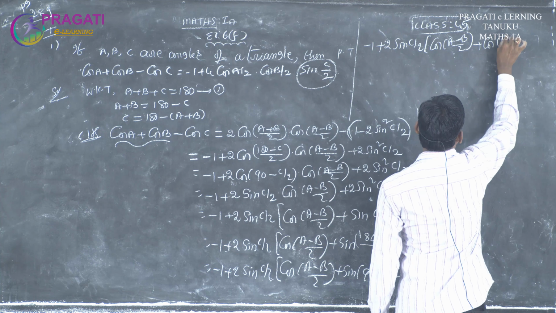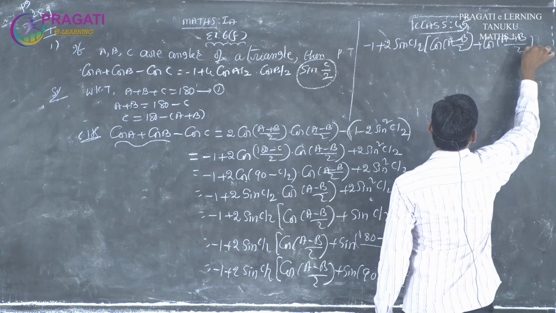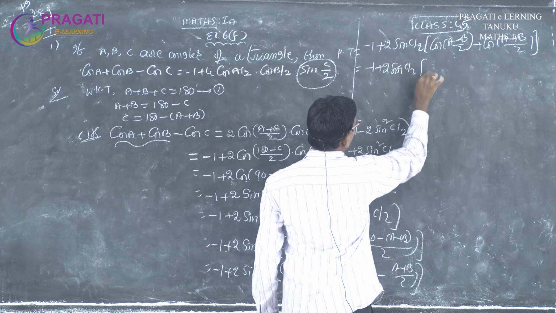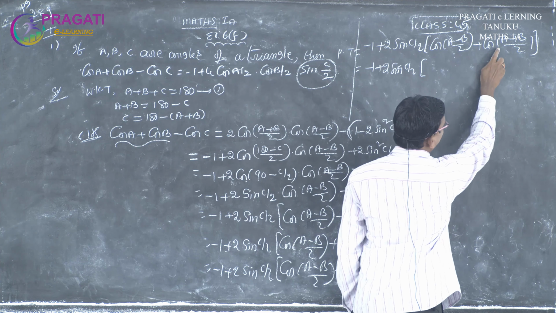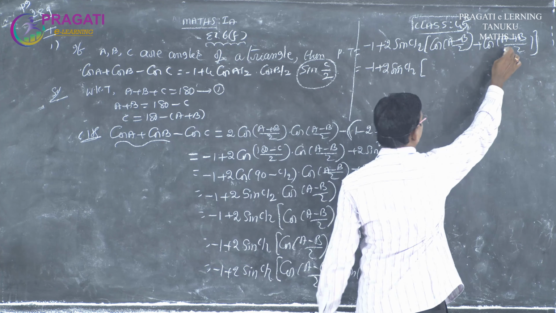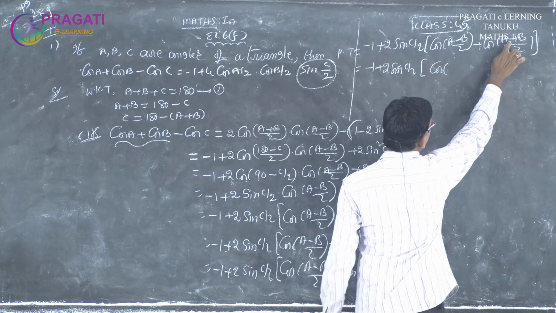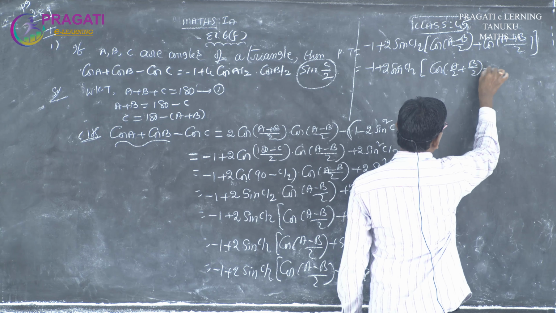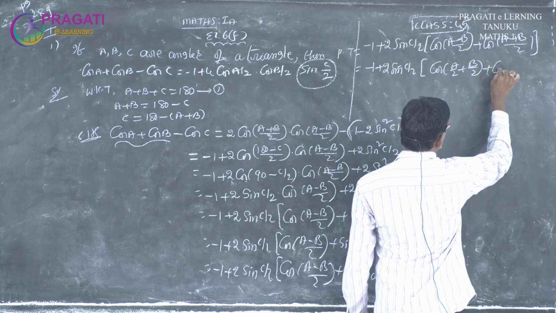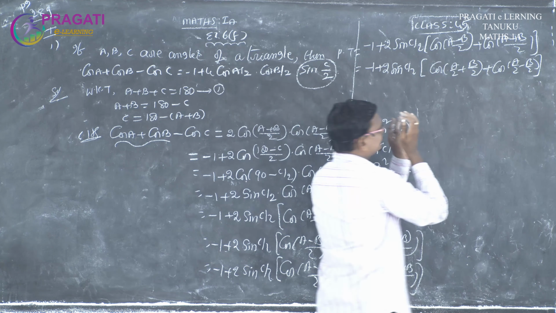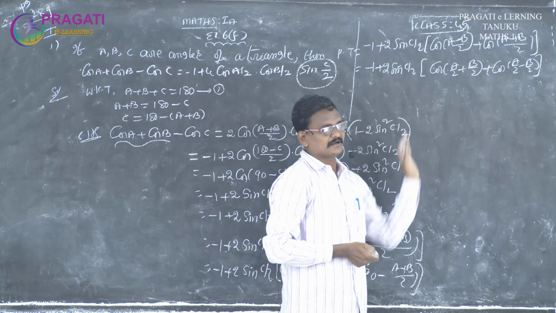Now minus 1 plus 2 sin C by 2 into, start with plus, write in order: cos of A by 2 plus B by 2 plus cos of A by 2 minus B by 2. Same step only, just written in order.